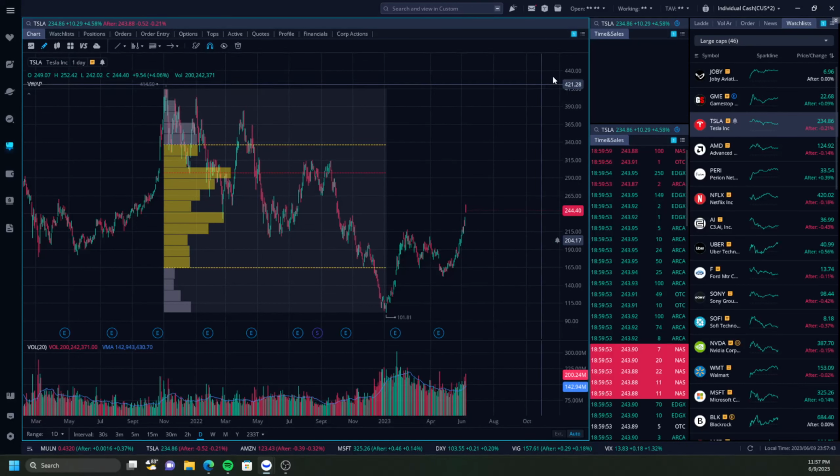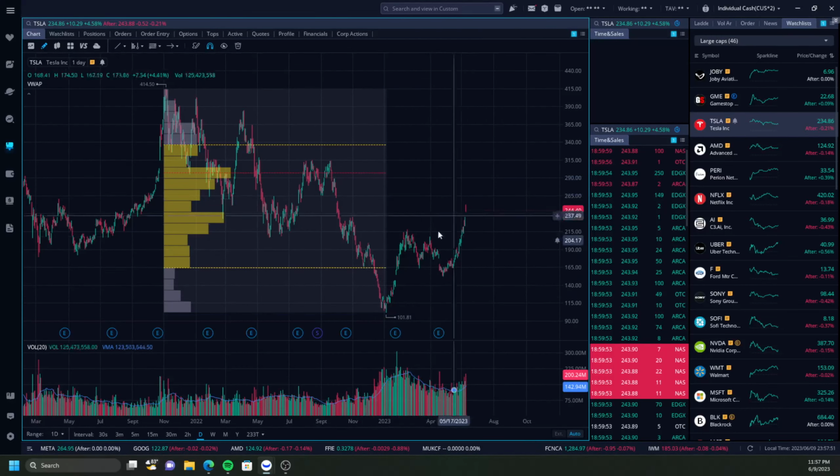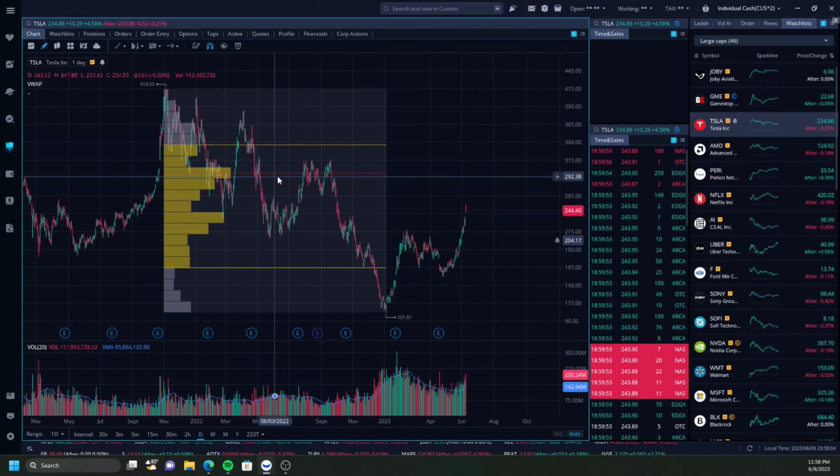But let's just say that it's broken, and we want to use the Tesla move like this down. We can use this fixed range volume profile as a measurement if we move back up, basically as a retracement, just like a Fibonacci retracement, right? You can see this red line here.